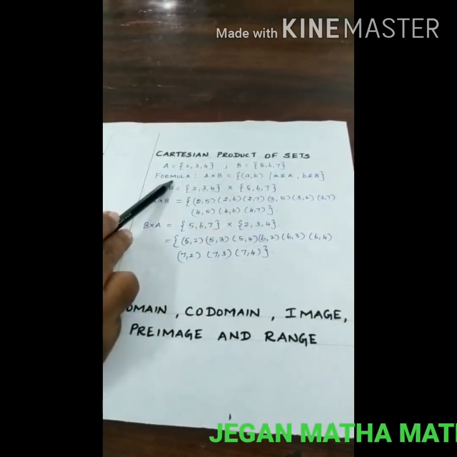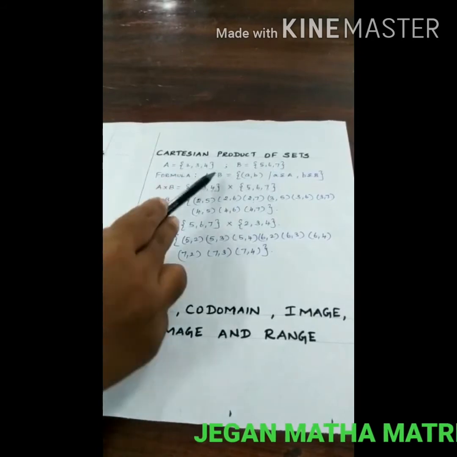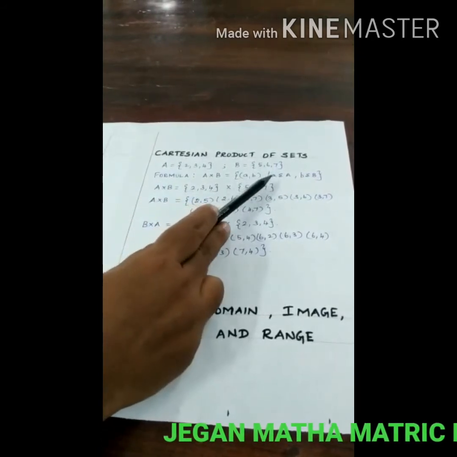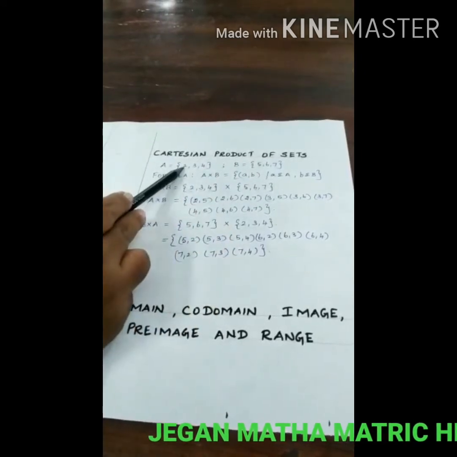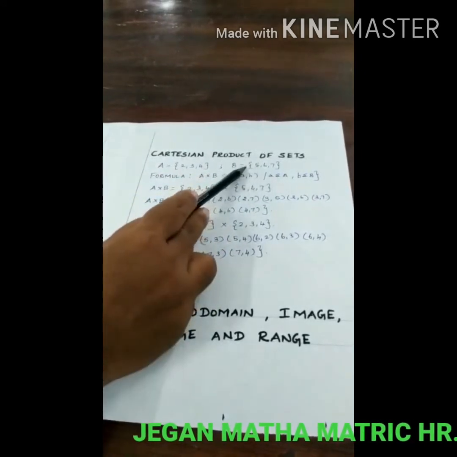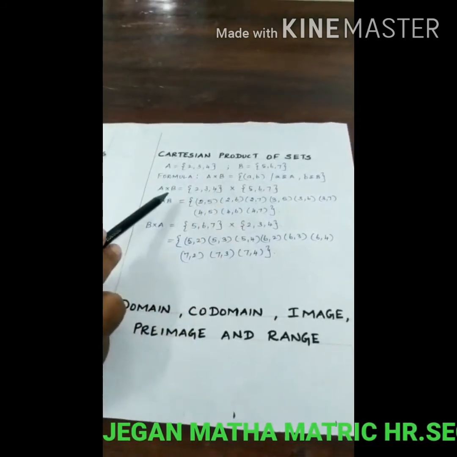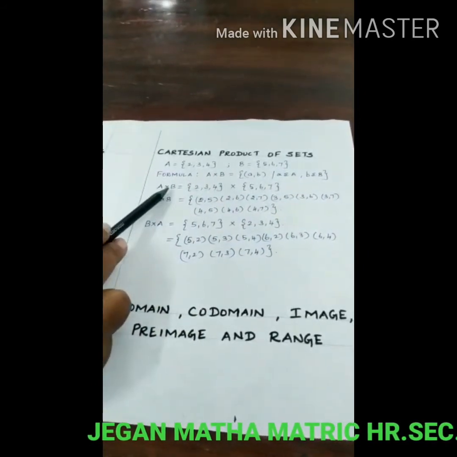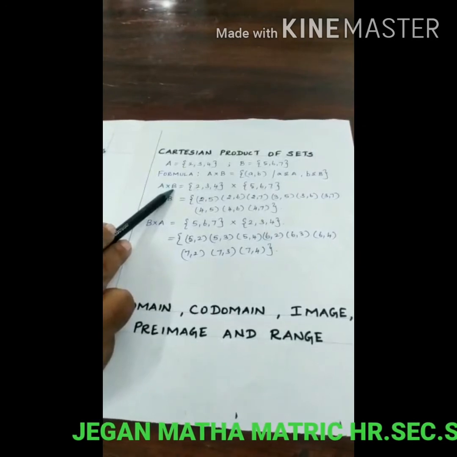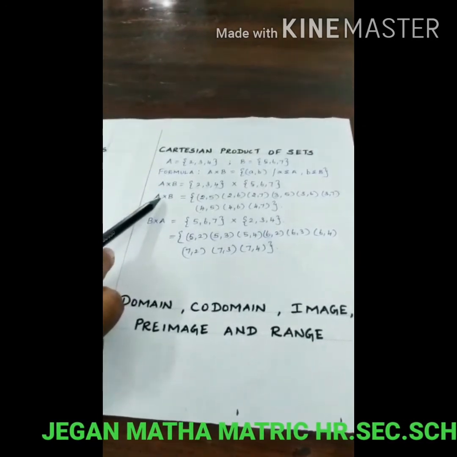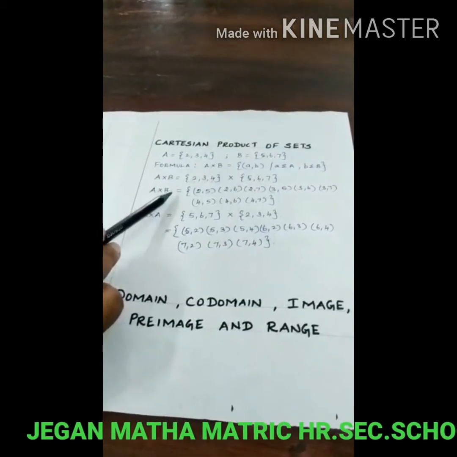Formula for Cartesian product: A × B = {(a, b) such that a belongs to A and b belongs to B}. In this cross, we get A × B: the first element of A is related to the first element of B.